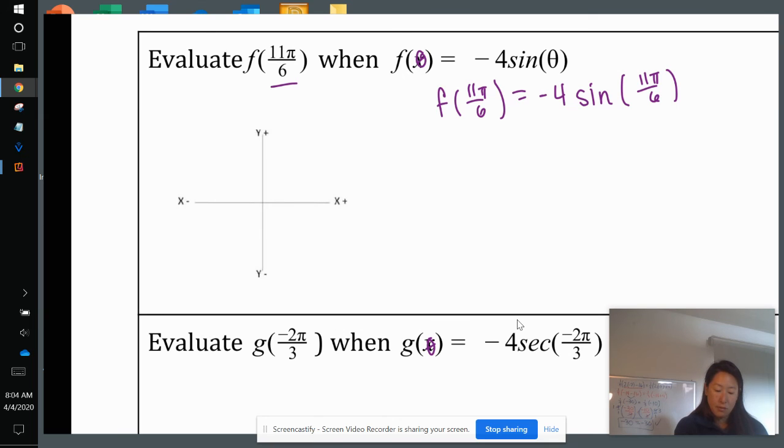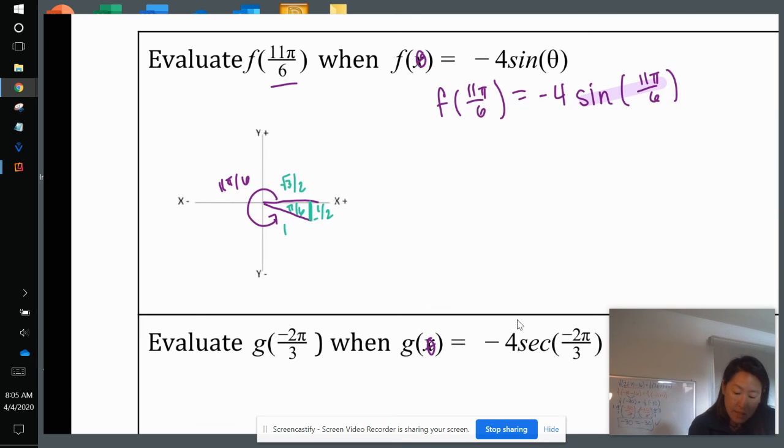So I need to figure out what the sine of 11 pi over 6 is. I'm going to draw in my angle. 11 pi over 6 is in the fourth quadrant, and the reference triangle would be pi over 6 right here. So this has lengths of negative 1/2, root 3 over 2, and 1.